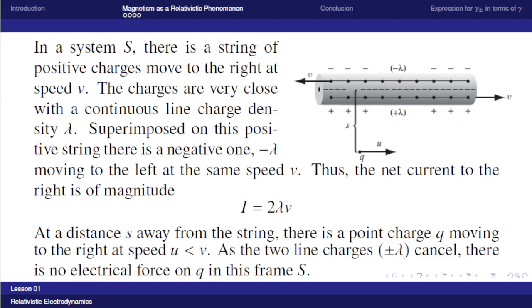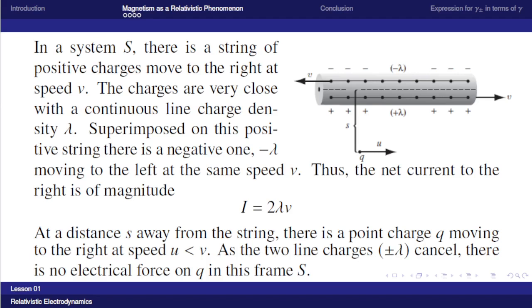So here we start from a reference system. In that reference system there is an infinitely long straight wire which carries a string of positive charges and negative charges. These positive and negative charges are moving to the right and to the left with the same speed v in this frame.